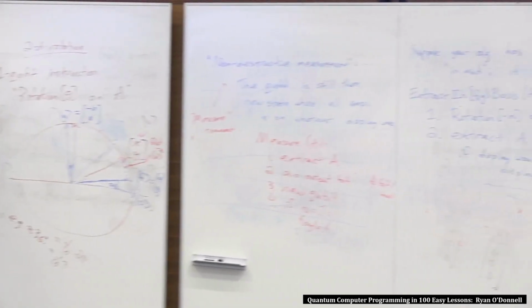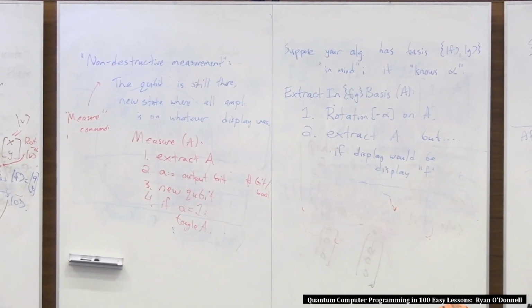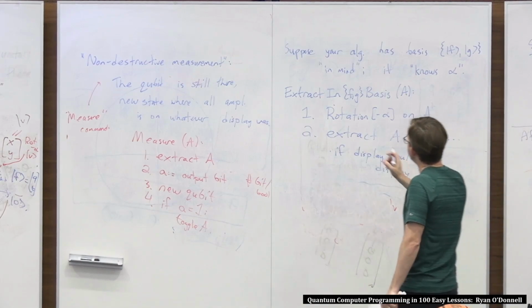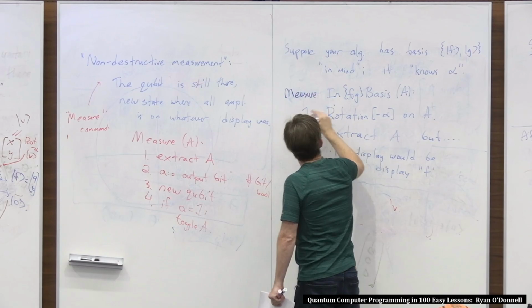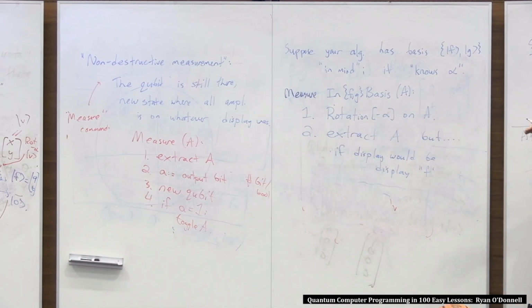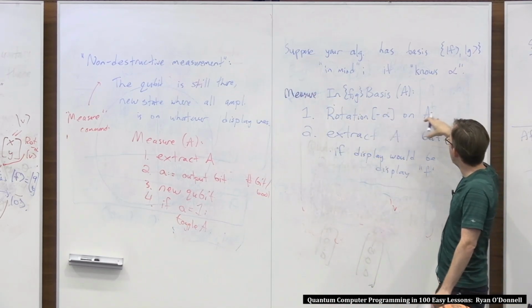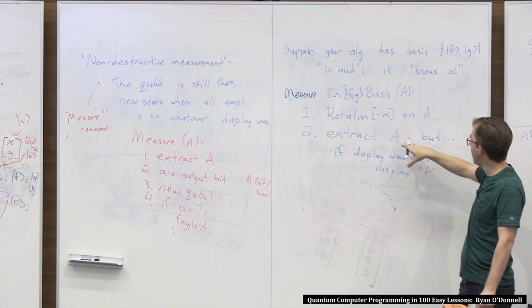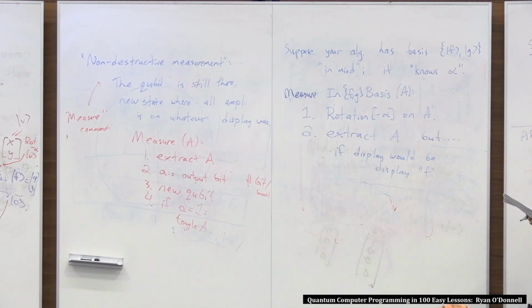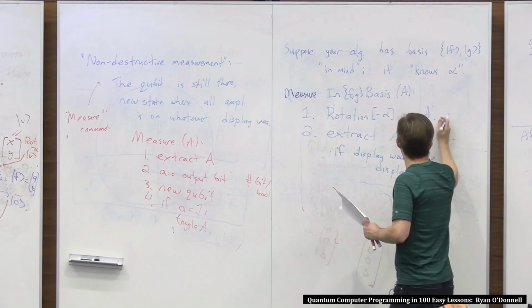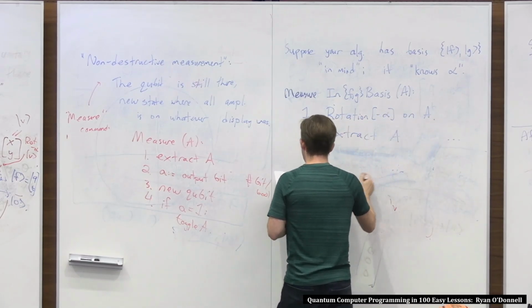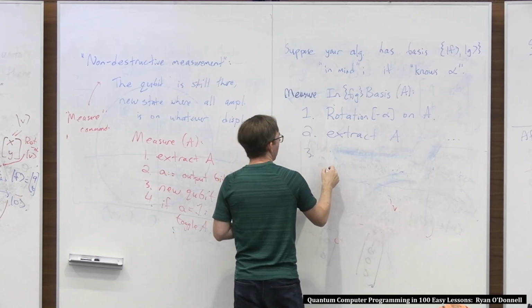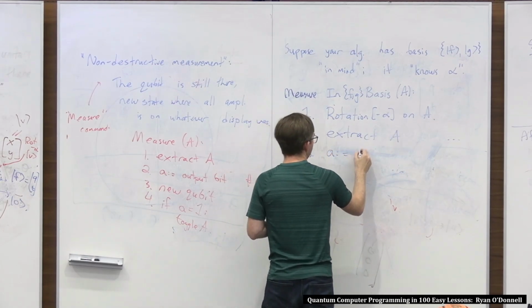We can also, since I have it up here, let's do this. We can therefore also have measure in the FG basis. We'll do the same thing. We'll rotate by minus alpha and get A. Then we'll extract A, and we'll say let A be the new displayed outcome.